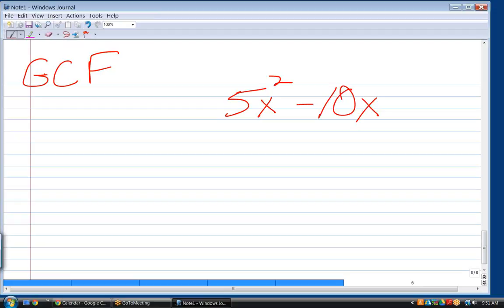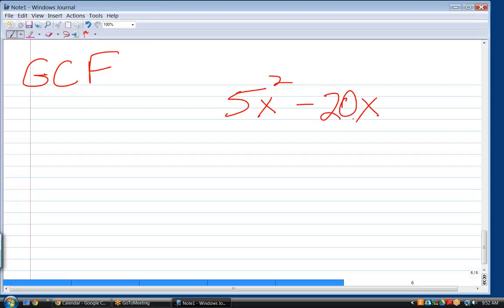And regardless of the expression that you're dealing with, if the problem says factor it, this is always your first step. In fact, I'm going to change this, make it this. There's a reason. No, in fact, let me make one more change to it.